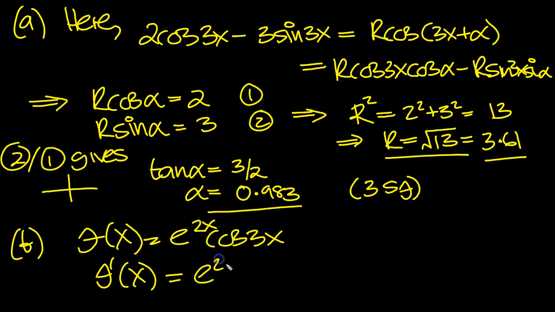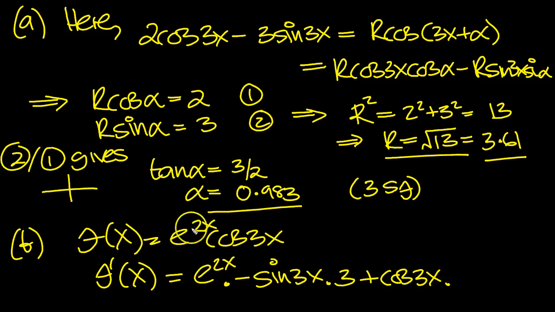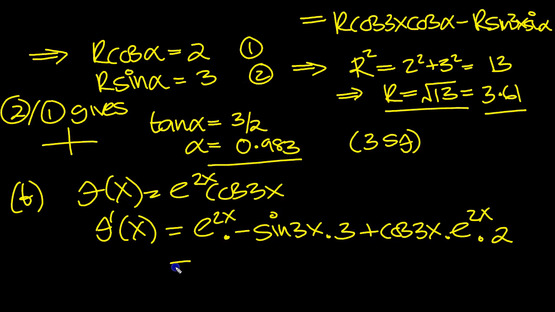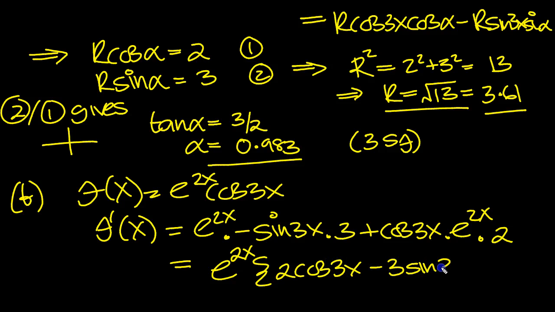So it's u times dv/dx, where cos goes to minus sine of something, multiplied by the something differentiated, which is 3, plus v, which is the cos 3x, times du/dx. E to the something differentiates to e to the something, multiplied by the something differentiated. So we end up with e to the 2x outside a bracket, and we get 2 cos 3x minus 3 sin 3x.